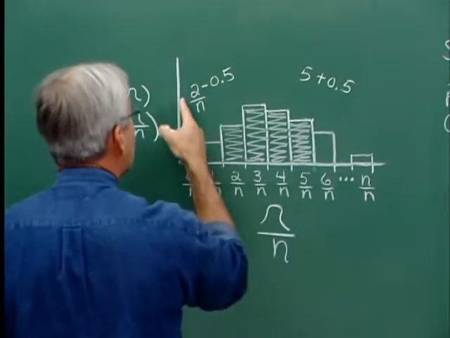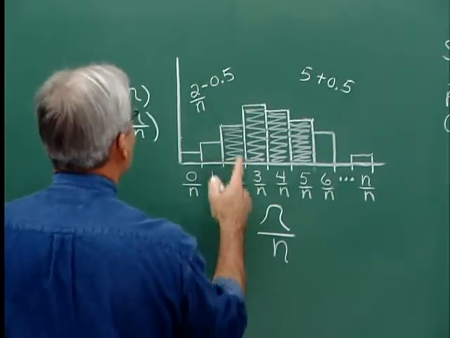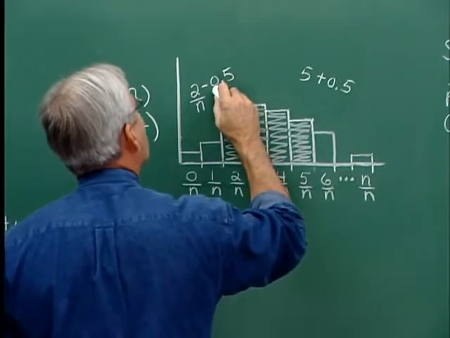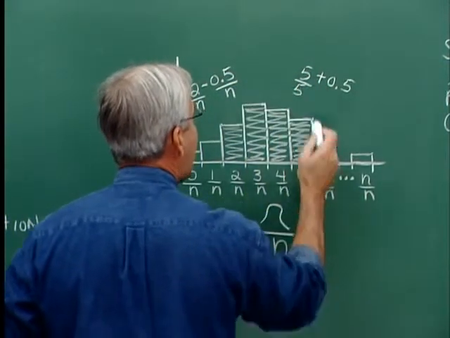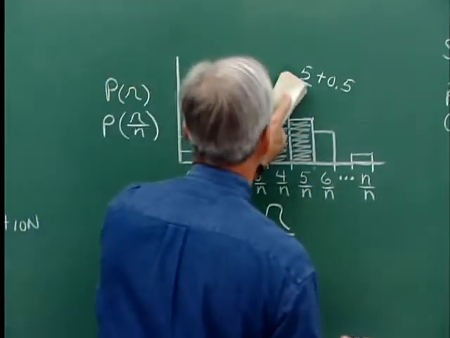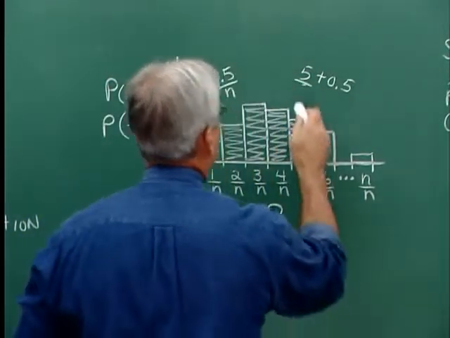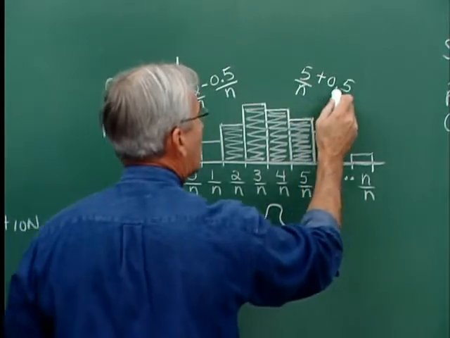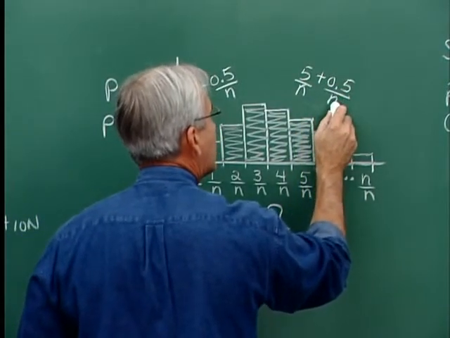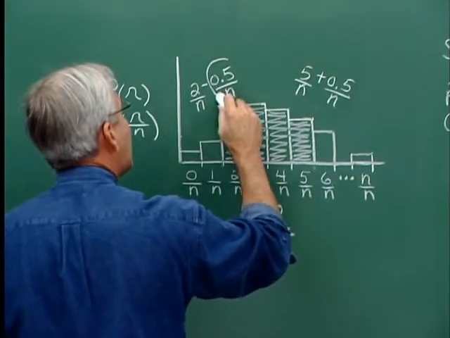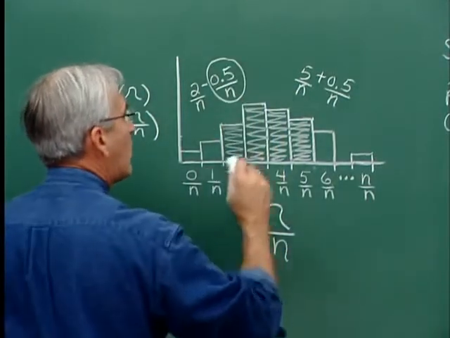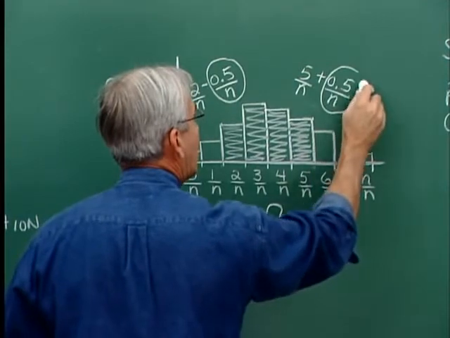Everything is over N. It's this 2 over N, and we're going to subtract 0.5 over N. And over here, this is the 5 over N, and we're going to add 0.5 over N. So the continuity correction is 0.5 over N. We're subtracting it on one side and adding it on the other side.